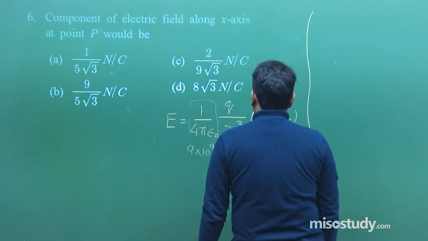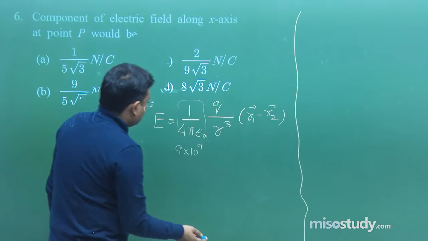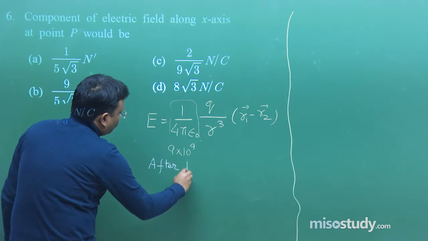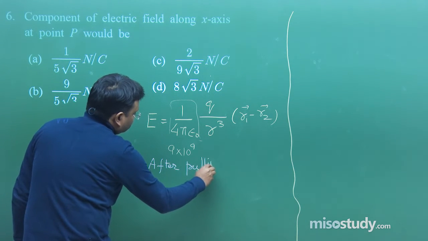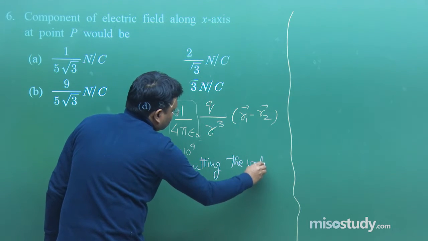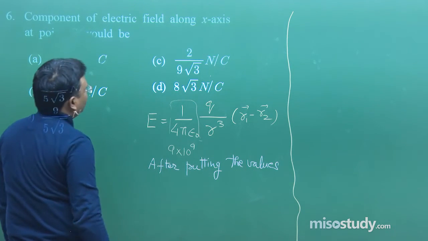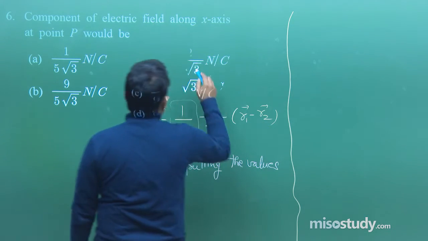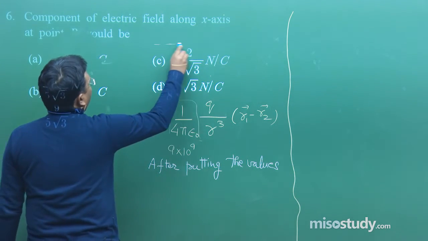So, what should I do? I simply should say that after putting the values and solving, I will get 2 upon 9 root 3 as the correct option.